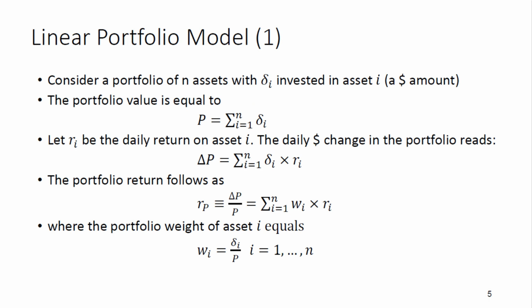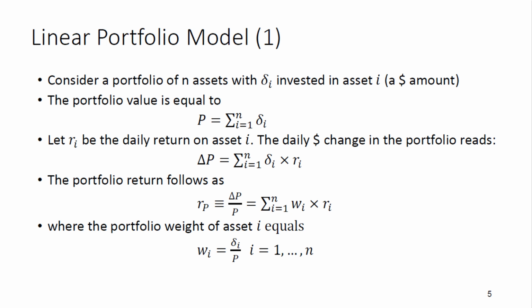We take a portfolio perspective, so that means that we have a portfolio which has a value denoted with capital P. This value is a dollar amount, and this portfolio is built up out of small n assets.